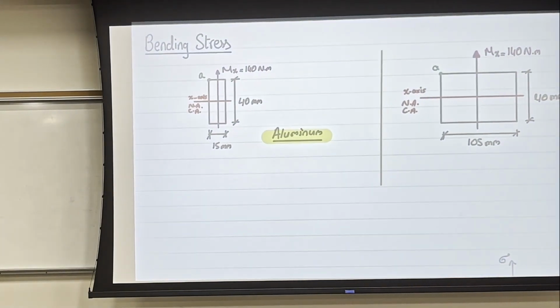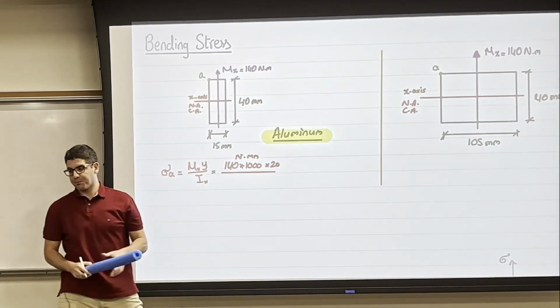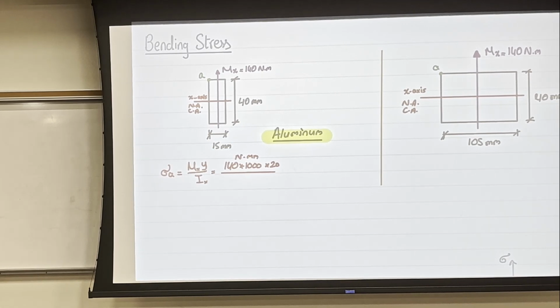So let me calculate, for example, for the aluminum, the stress at A. So stress at A is equal to My over I, M sub x, I sub x, and M is 140 multiplied by 1,000 to convert it from Newton meter to Newton millimeter, multiplied by 20 because y is the distance from the centroid to the point where we want to calculate the stress. So this is 20 over 15 times 40 cubed over 12.